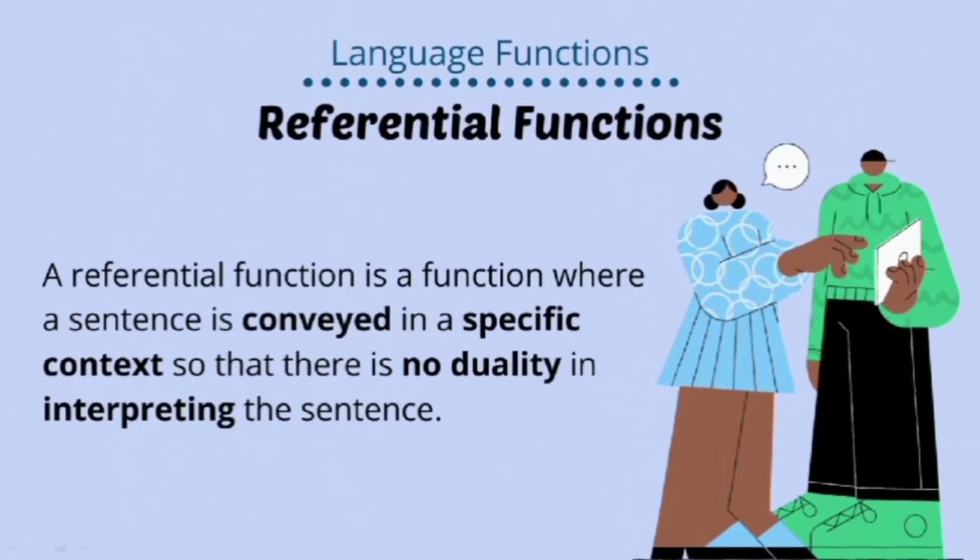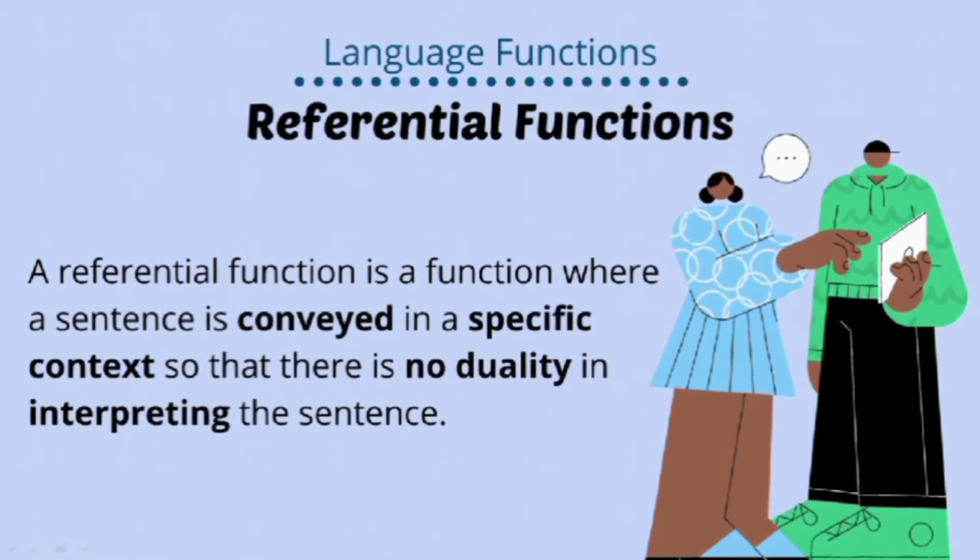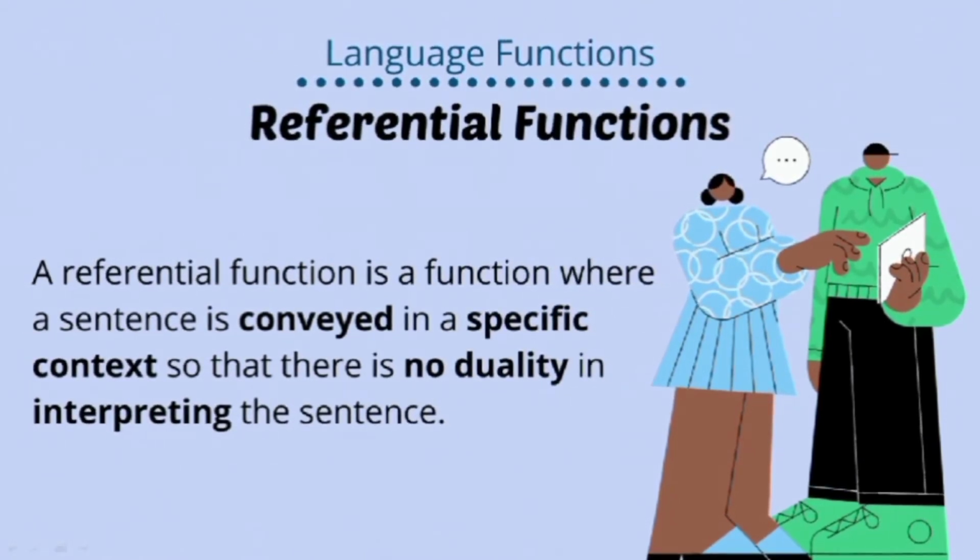First, referential function. Jakobson says that among the 6 functions of language, the foremost is the referential function. Language is a verbal means for conveying a message. A referential function is a function where a sentence is conveyed in a specific context so that there is no duality in interpreting the sentence.